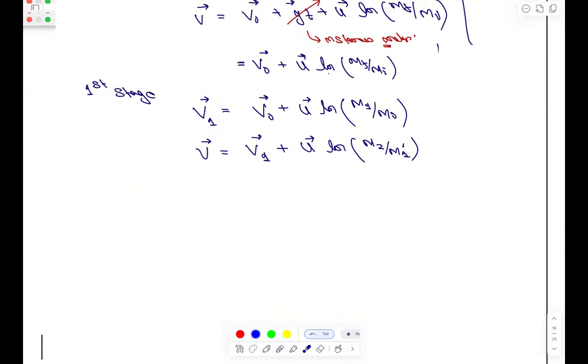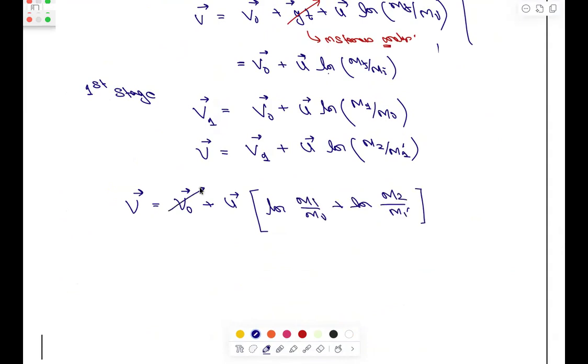So if you put the value, V will be equal to V naught plus V1, which is V naught plus U, I will take it common, ln M1 by M naught plus ln M2 by M1 dash. You know that. Now this V naught is 0, we know that, it was told initially. So let's write the value now.